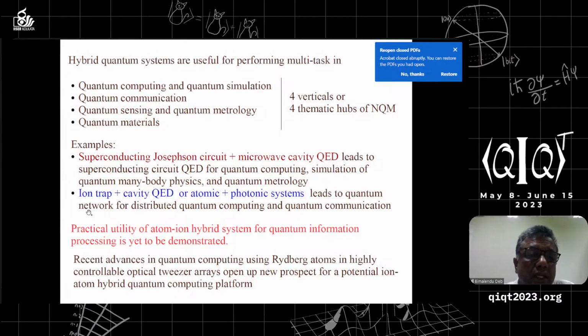And then one can think of another hybrid system, ion trap and cavity QED, or atomic systems plus photonic systems. These are important for making quantum networks or distributed quantum computing, because photons carry information and are mobile qubits.